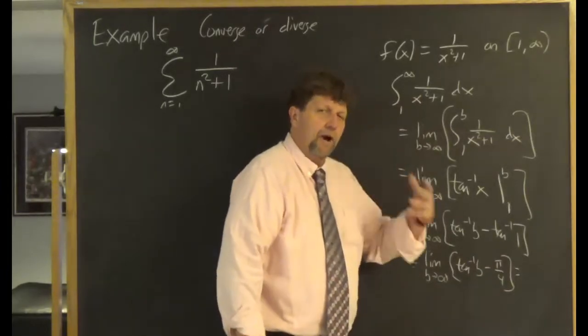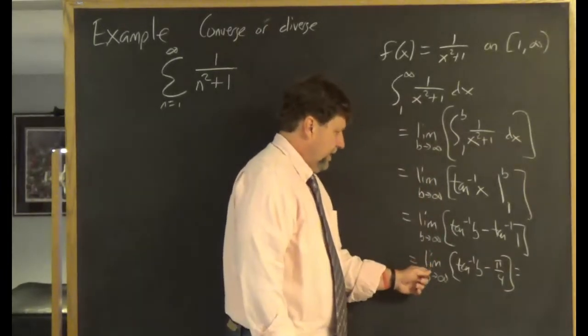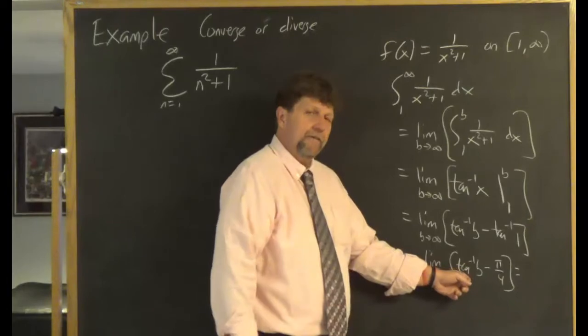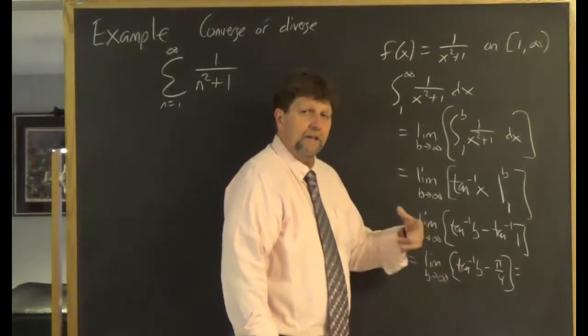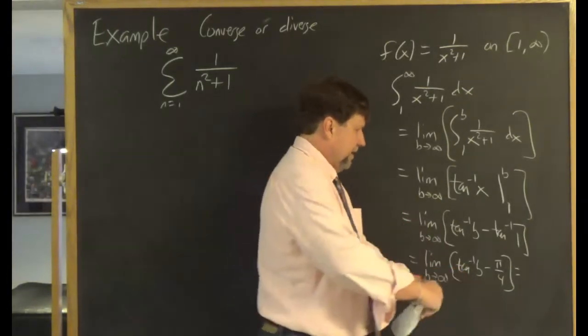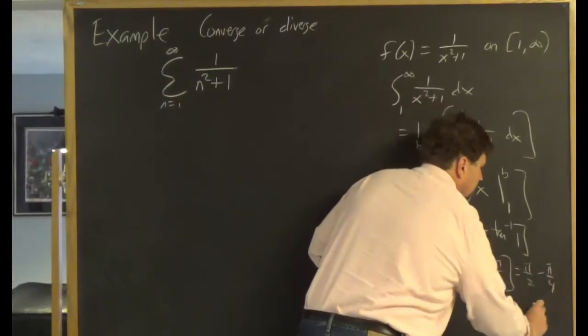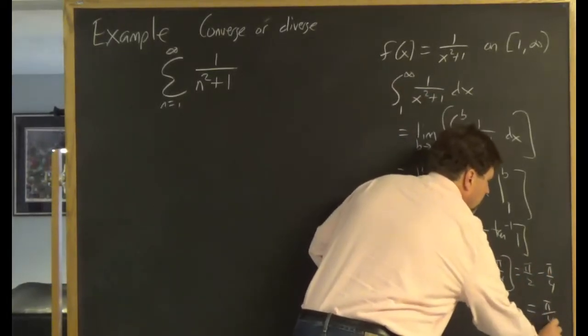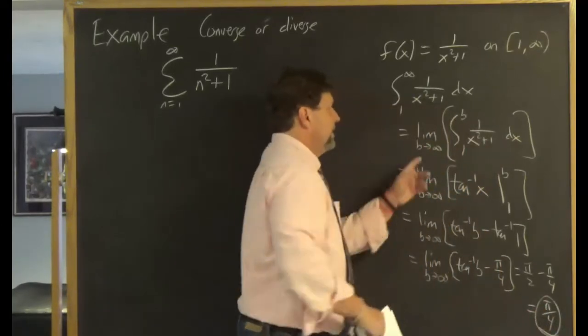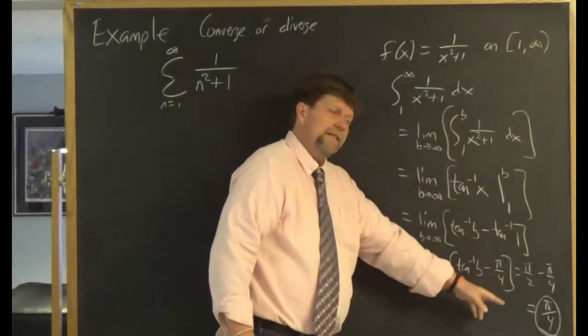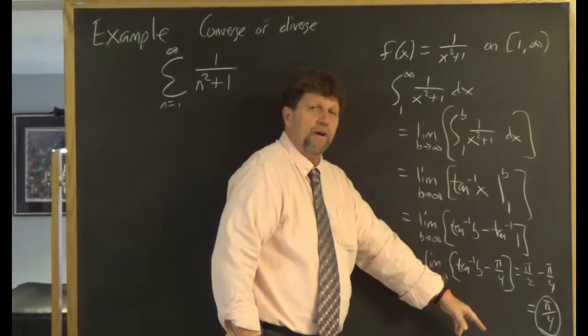And thanks to the graph of inverse tangent, we know the limit as b goes to infinity of inverse tangent b is pi over 2. So this improper integral has a value of pi over 4.